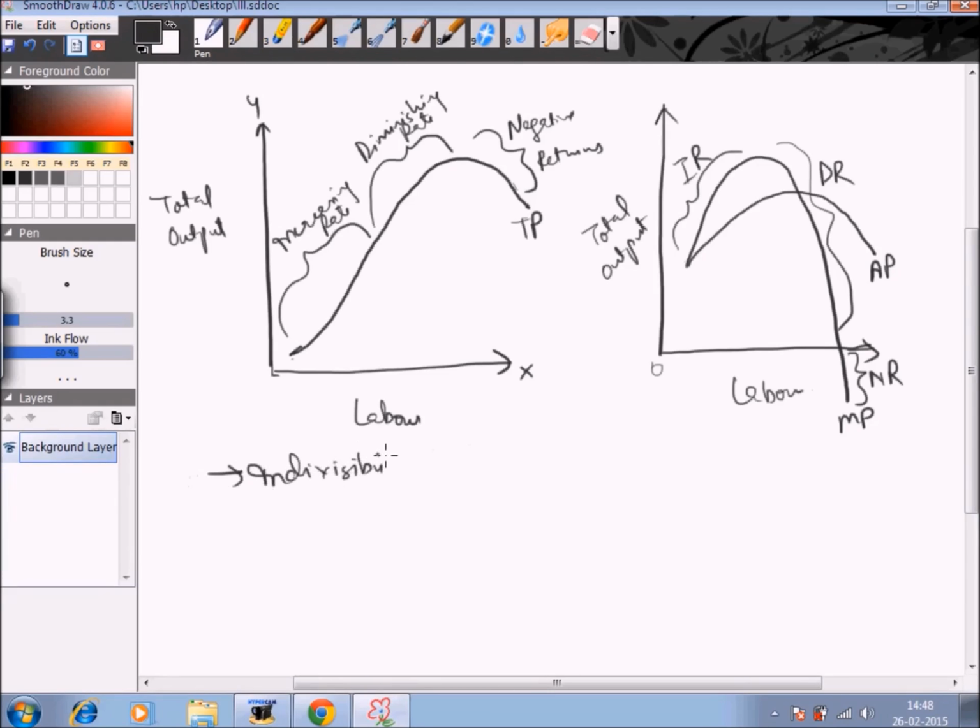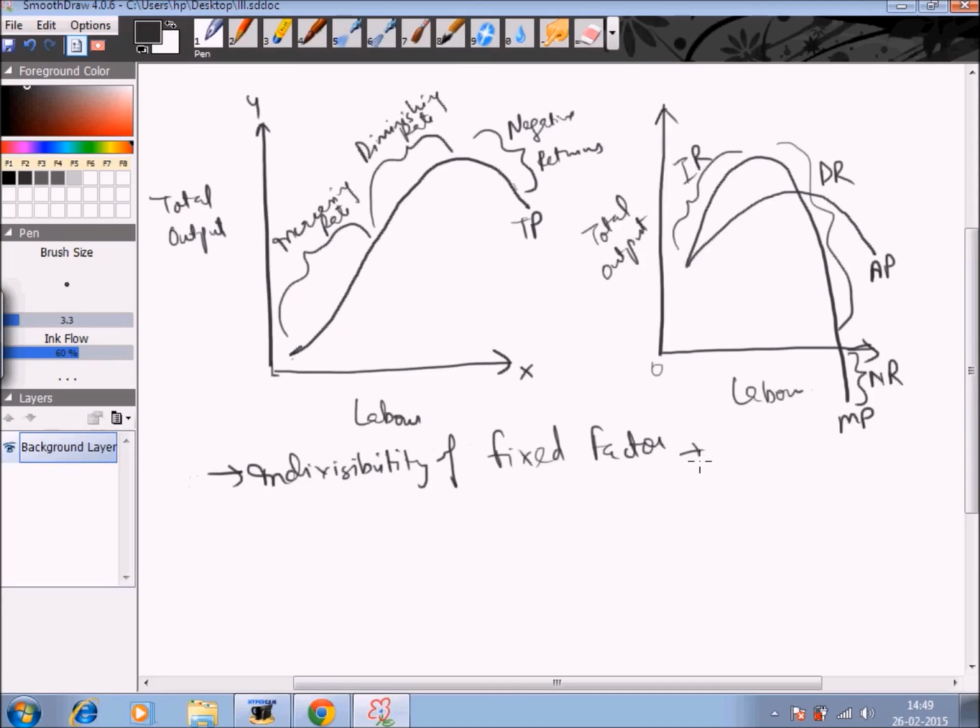indivisibility of fixed factor. Suppose there is a machine and it will give the maximum productivity until 100 laborers are employed on that machine. So if we initially employ 50 laborers on that machine, the productivity will be less than maximum, and as we increase the number of laborers on the machine, the productivity will go on increasing till we employ the 100th laborer on that machine.